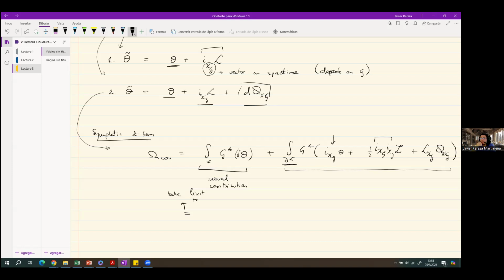I only have a few examples to discuss. For example, in the case of gravity, we know that the embedding map is just changing the sphere. If you take these diffeomorphisms that only change the sphere, then you recover the usual symplectic structure, which is what we did with Miguel Campiglia.